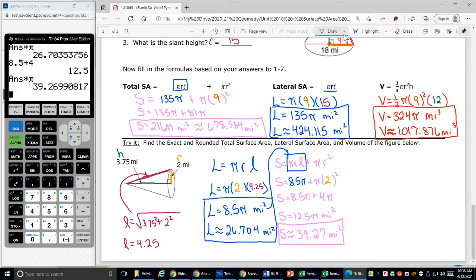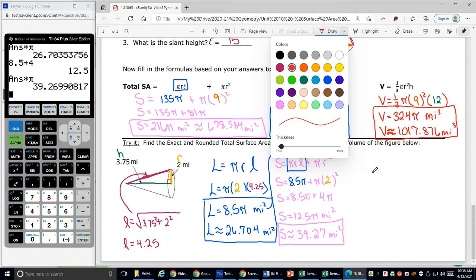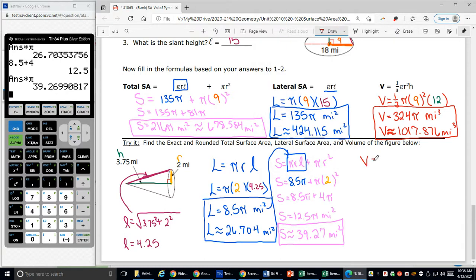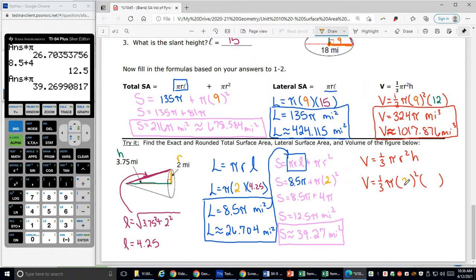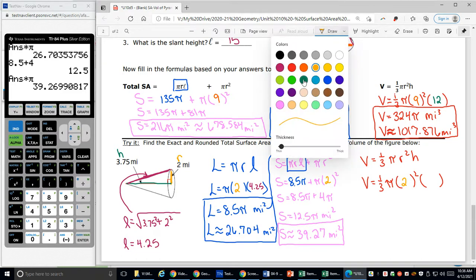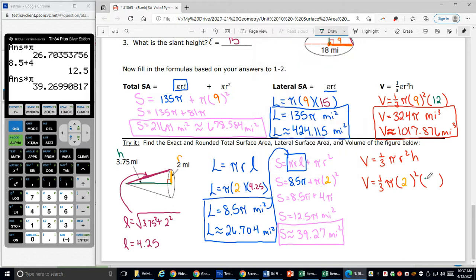Okay, and last but not least, our volume is 1/3 pi r squared h. Volume equals 1/3 pi r squared h. My radius is 2. My height is 3.75.